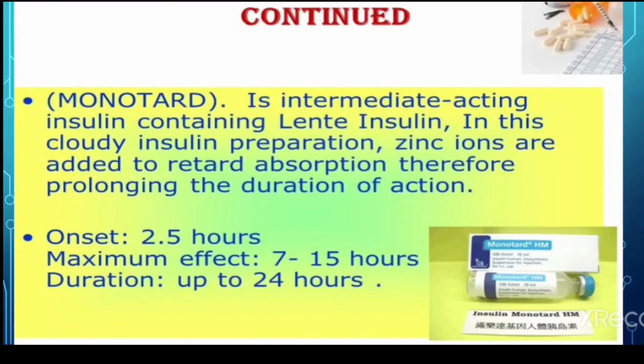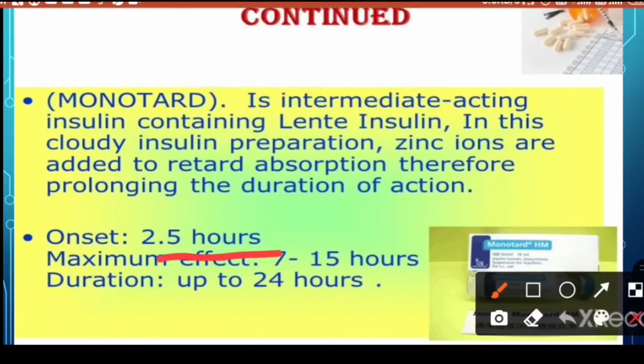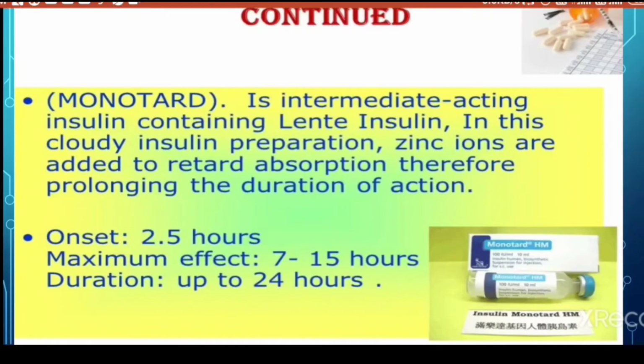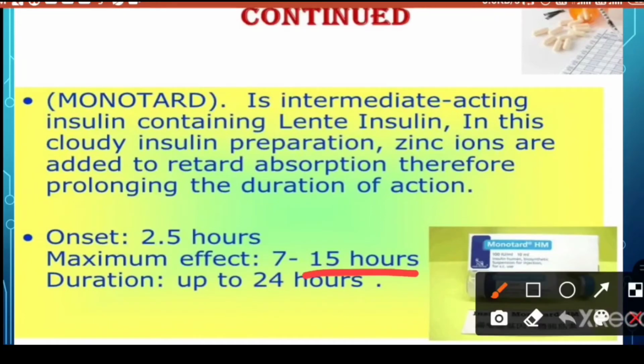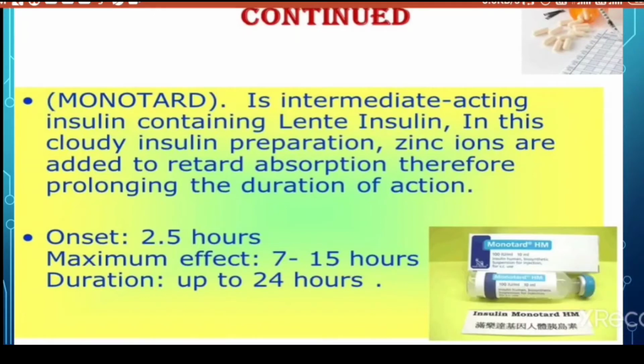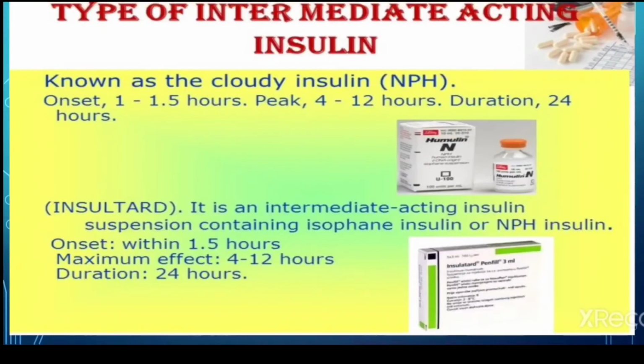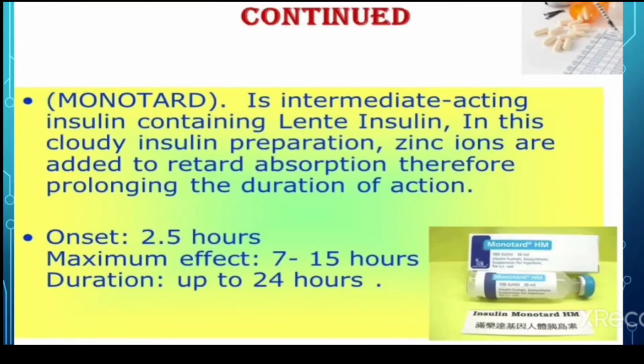Lente insulin onset is 2 to 2.25 hours, maximum effect is 7 to 15 hours, and duration up to 24 hours. These are the types of intermediate acting insulin.